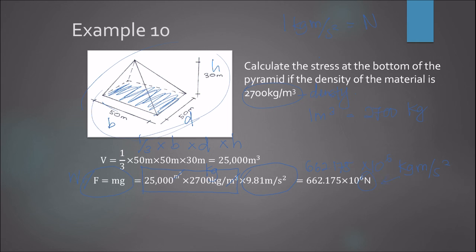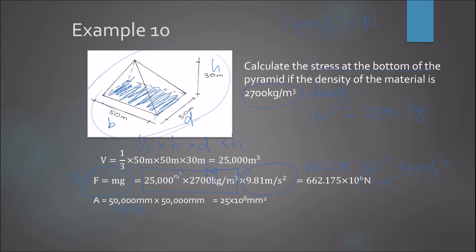Benda ni sama. We can calculate the area at the bottom of the pyramid, sebab dia minta stress at the bottom kan. Okay, so area dia adalah 50,000. 50,000 ni macam mana? This come from 50 meter. So 50 meter you convert into millimeter, you darab dengan 1000.